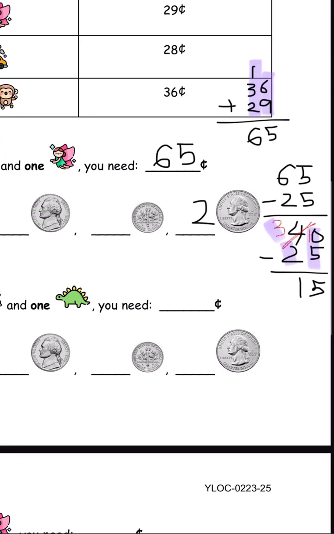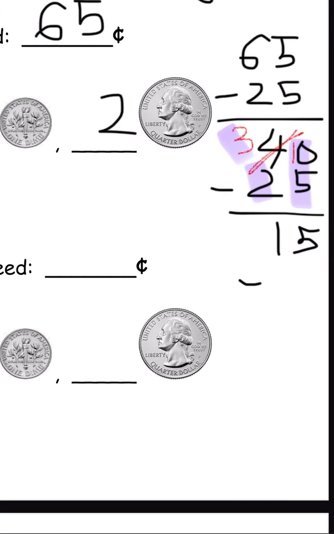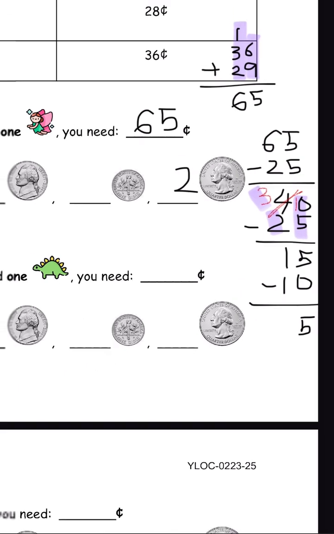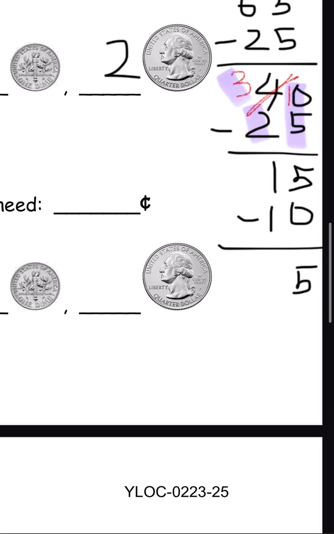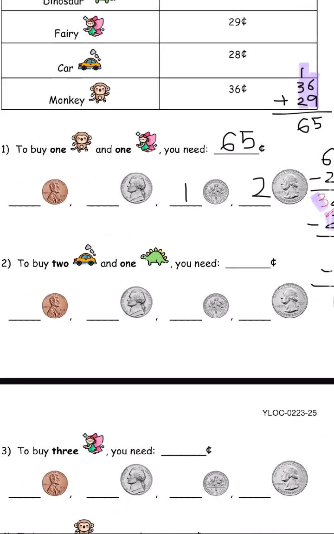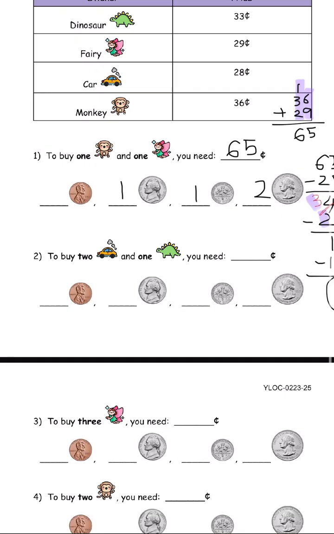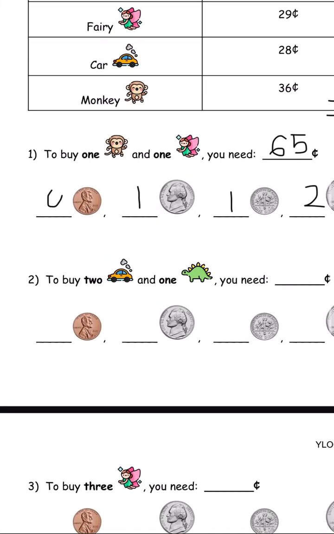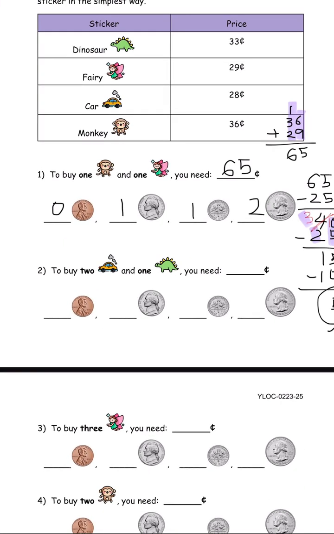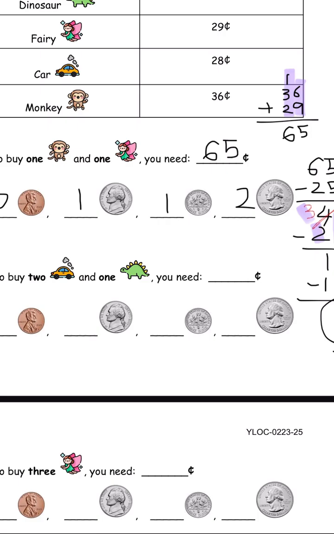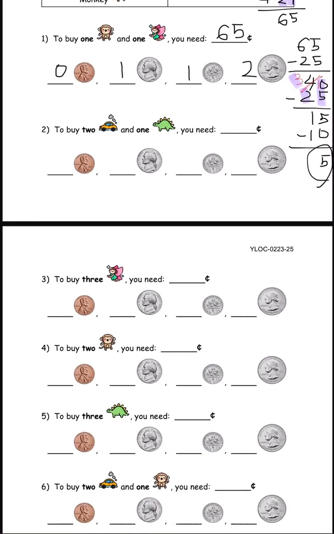And now 15, we can use a dime, right? So 5 minus 0 is 5, 1 minus 1 is 0. So we used 1 dime, and then we have 5 cents left, which is going to be 1 nickel. So we aren't going to use any pennies. We're going to use a dime, a nickel, and 2 quarters.